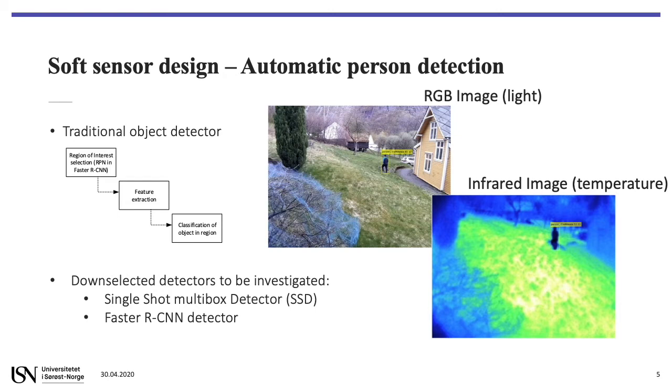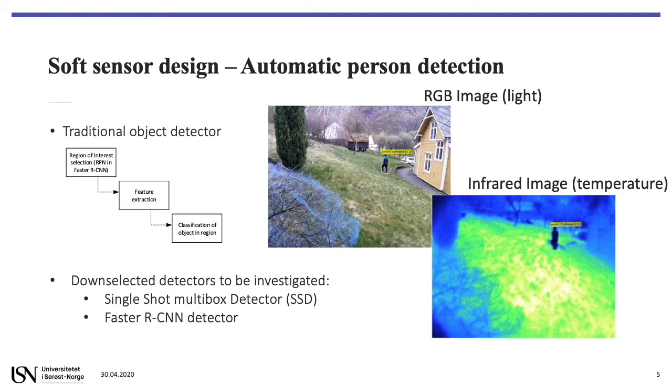This can also be done automatically as for the faster RCNN detector, or you can define fixed regions using anchors. The next phase is the feature extraction, and the third is the classification of the object in each region using the feature extraction.